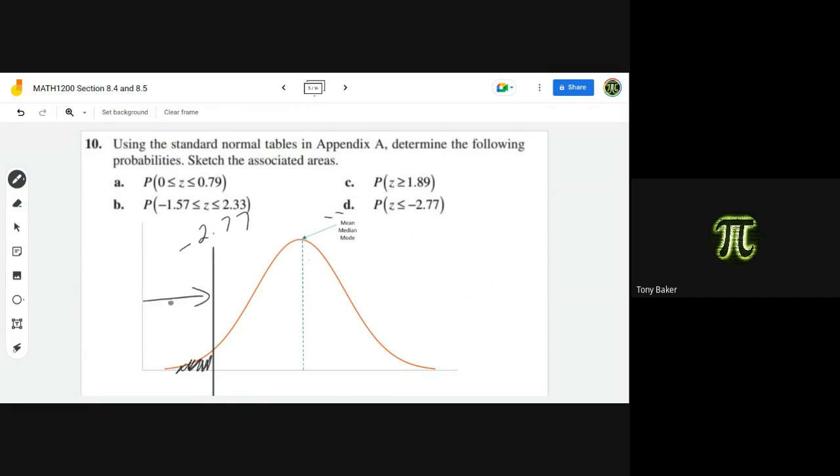So again, look at our chart and find negative 2.77. So 0.00280, and that's my answer. We don't have to do any subtraction for it because it's from the left. So if it's a negative, you don't have to do any kind of subtraction from 1.